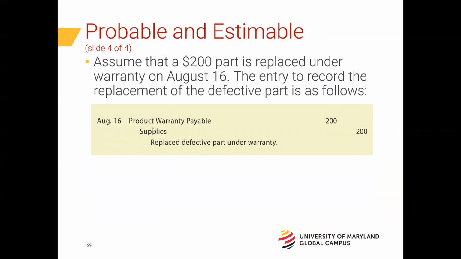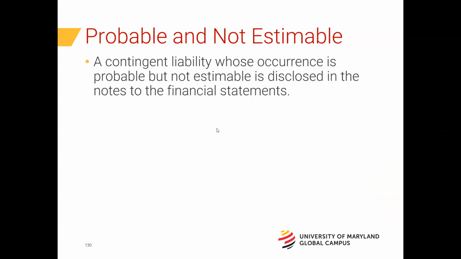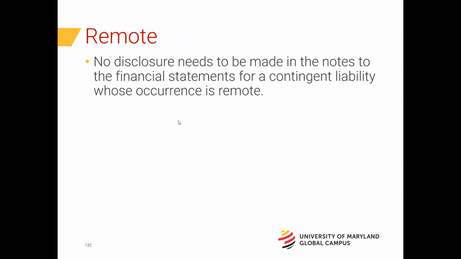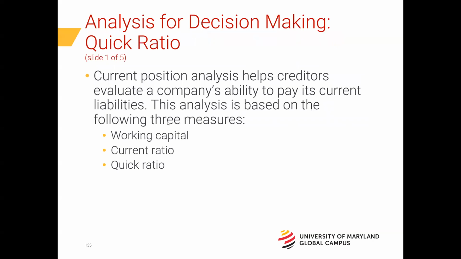And along with that warranty, we debit warranties payable, credit supplies to replace a defective part under warranty. A lot of times you see that with auto manufacturers. Contingents are often disclosed in the notes. When something's reasonably possible, it's also disclosed in the notes to the financial statements. If something is considered to be remote, it means it might happen, but it's super rare.